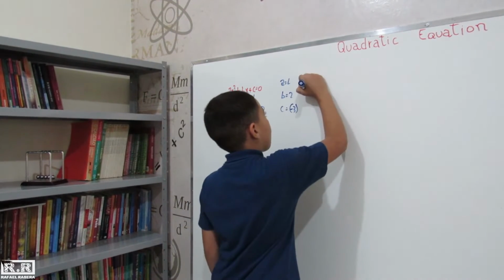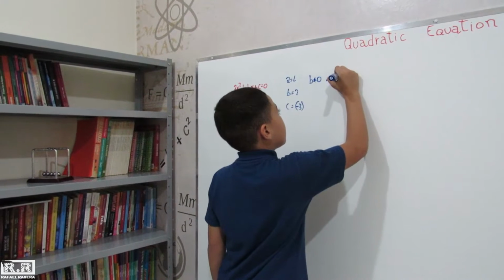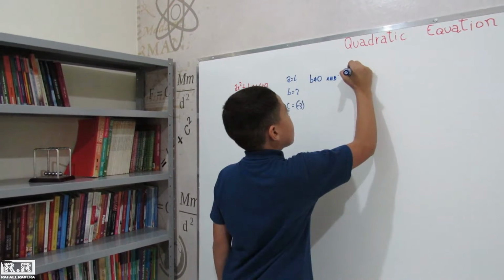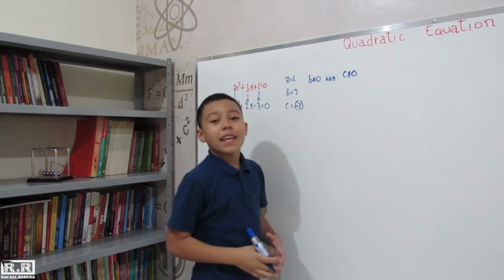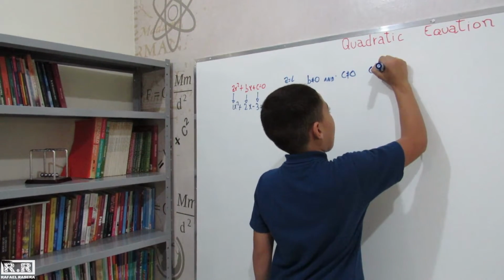When b is not equal to 0 and c is not equal to 0, it is a complete equation.